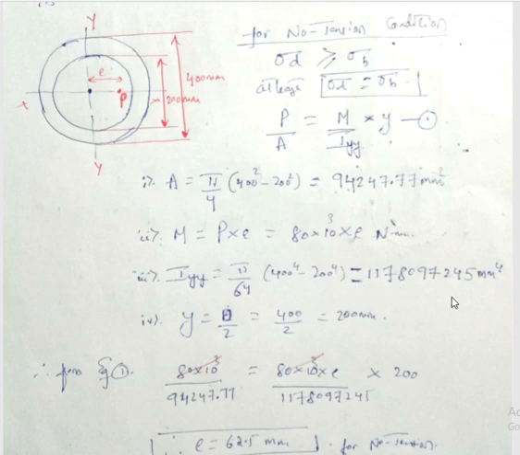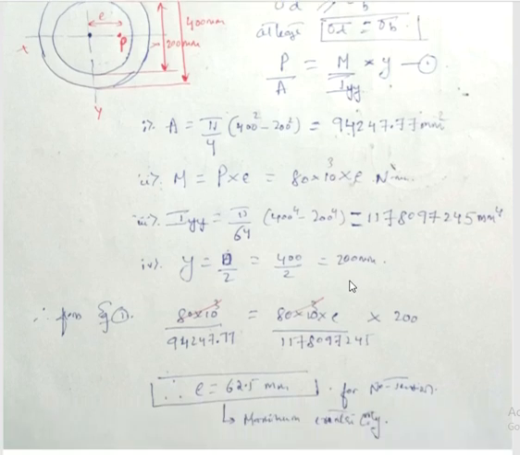Then I'll get this value. Then y is the distance from the neutral axis, since I've taken y to the extreme fiber. Extreme fiber is this one, the outermost fiber, that is outer diameter divided by 2, that is 400 divided by 2, which will give me 200.